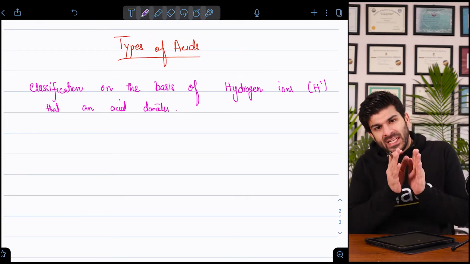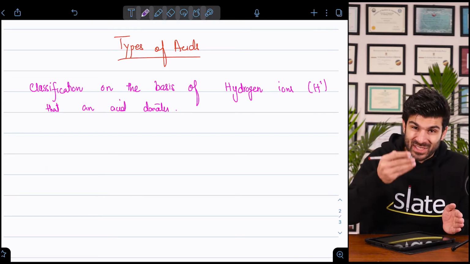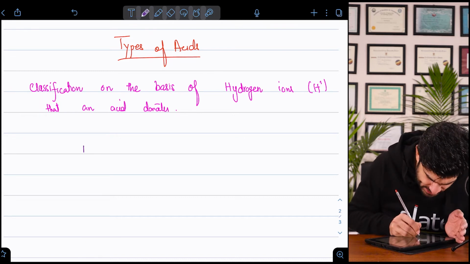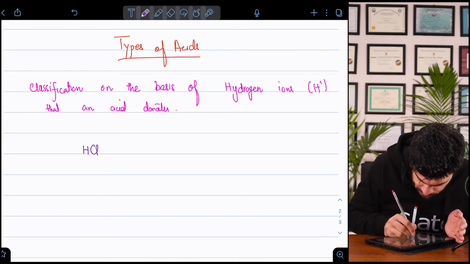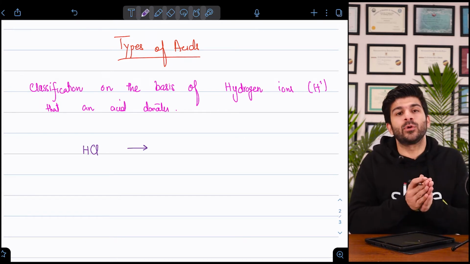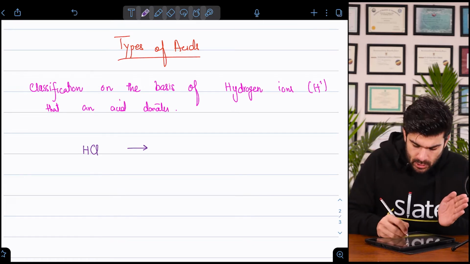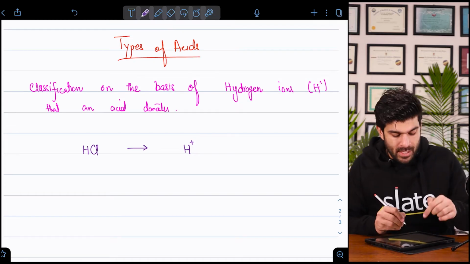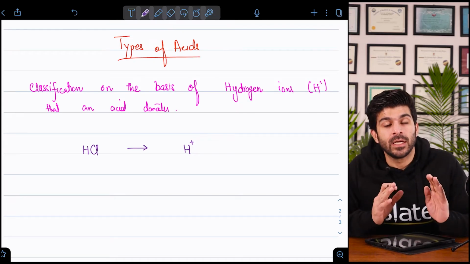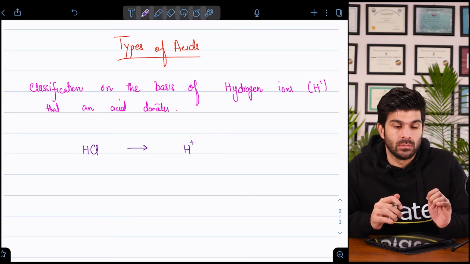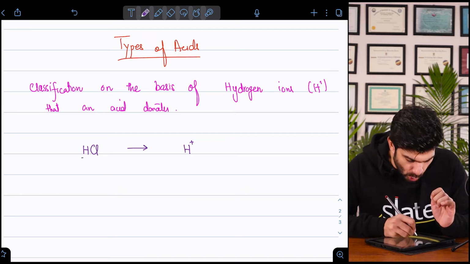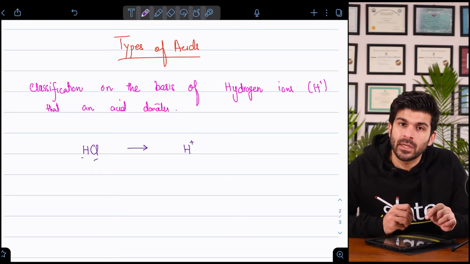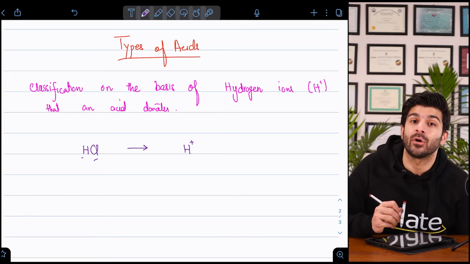Whenever you put an acid in water, for instance, let's look at HCl, which is hydrochloric acid, it is going to give a hydrogen ion. Remember, HCl is a covalent compound. Hydrogen is a non-metal, chlorine is a non-metal. But in water, it forms ions.